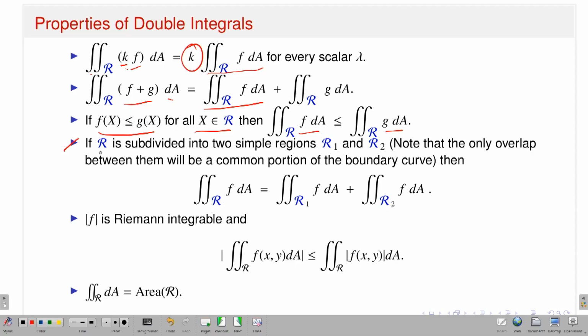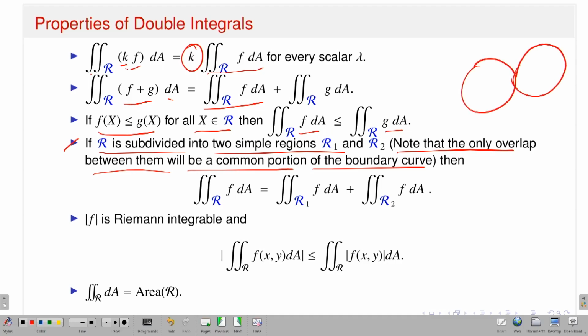This is another important one. If R is subdivided into two simple regions R1 and R2, there is a catch: note that the only overlap between them will be a common portion of the boundary curve.